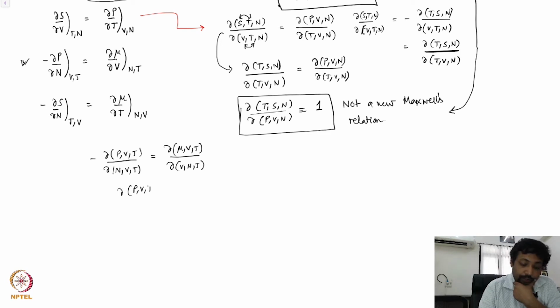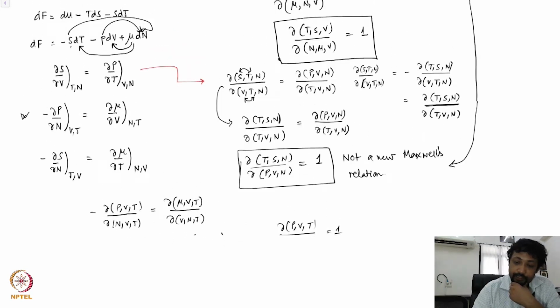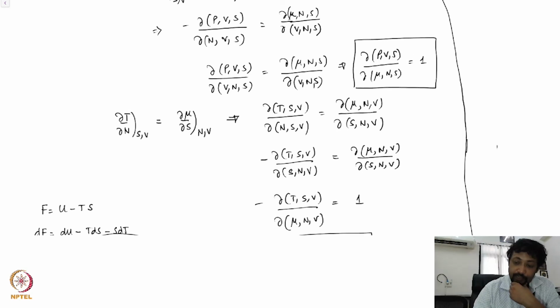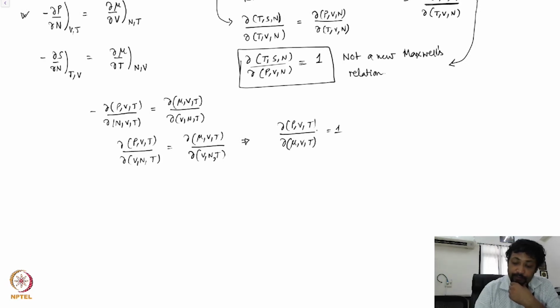I will just do one permutation in the denominator here to give you VNT, is equal to del of mu Vt and del of Vnt, and this implies the Maxwell's relation in terms of the Jacobian is del of PVT, del of mu Vt is equal to 1. Let's go up and see whether we have any of this. We have PVS, we have mu NS, we have TSV, we have N mu V, but we do not have PV, but this is something wrong here.